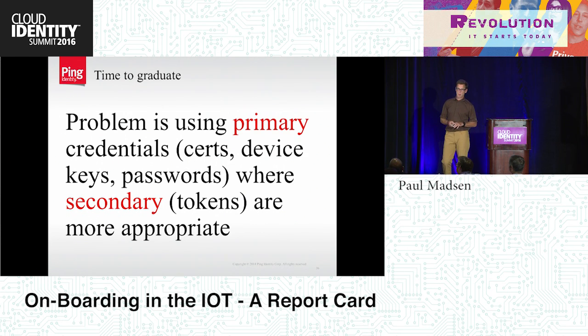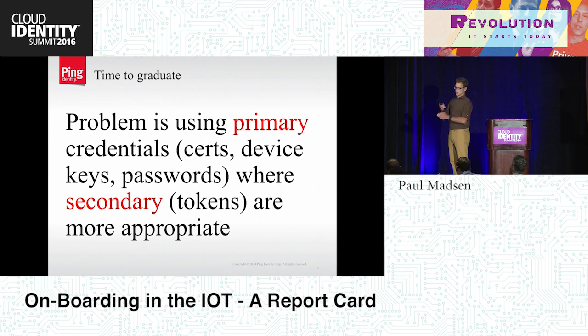The fundamental problem, I think, with all of those mechanisms, and why we did not get the report card that their parents might have hoped for, is we're trying to use primary credentials, whether it be certs or passwords, as the means by which these devices authenticate to resources. The OAuth model says we trade primary credentials for secondary credentials.